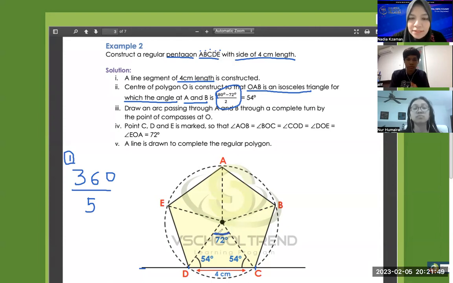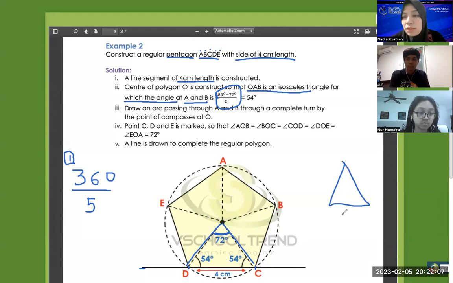So by having this 72, you know that you have a triangle. You are going to form a triangle from this particular line of 4 centimeters. In a triangle, the total of the angles is 180.